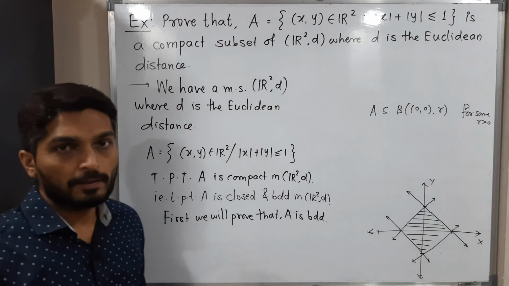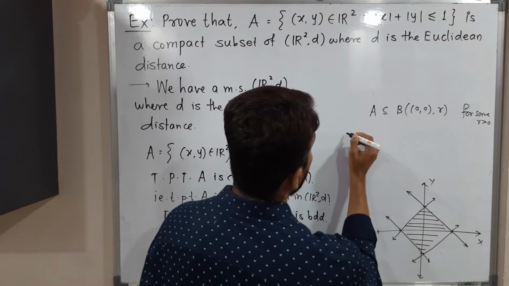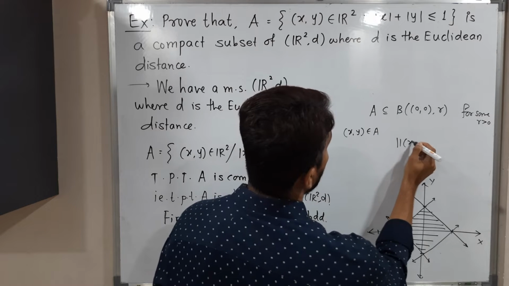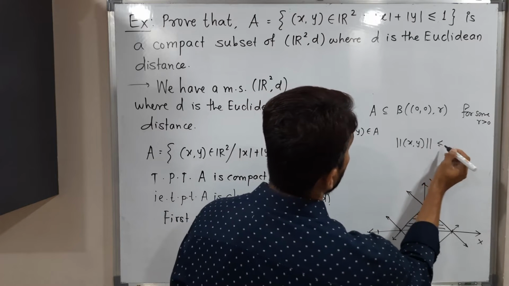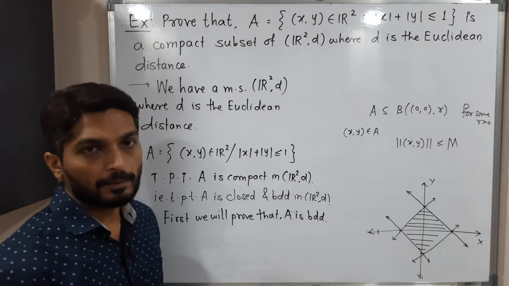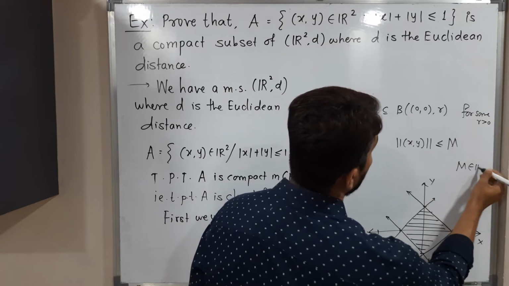This is the first technique. The second technique is, if you take any point (x, y) belonging to A, and its norm ‖(x, y)‖ is less than or equal to some M, where M is a positive real number.